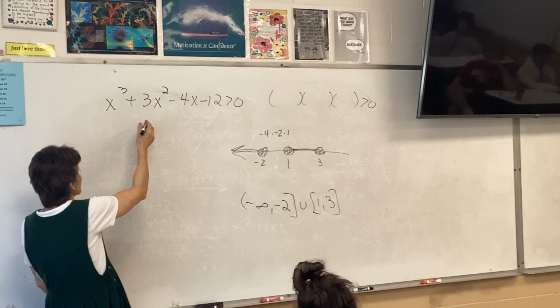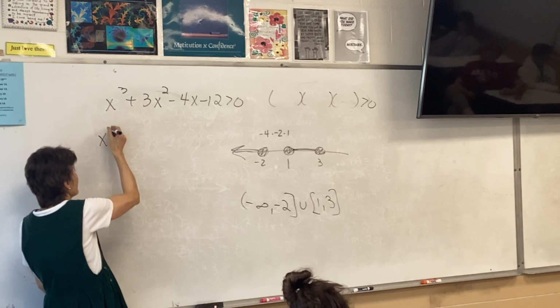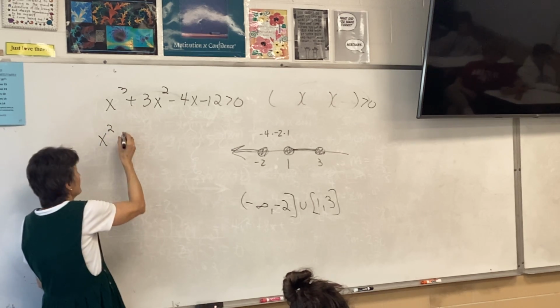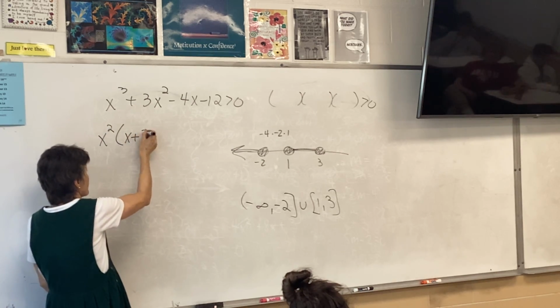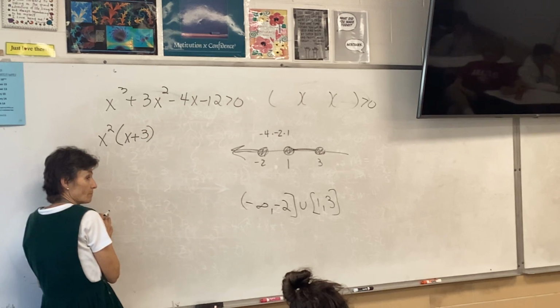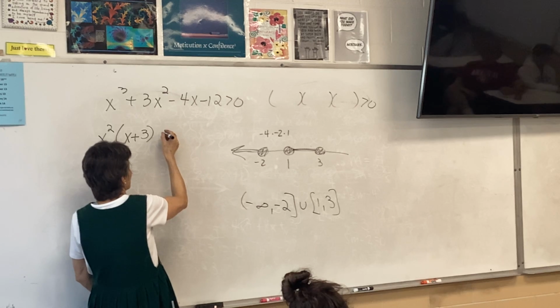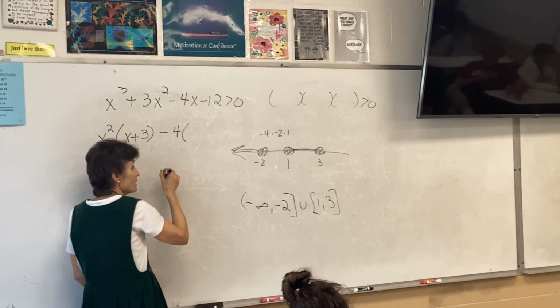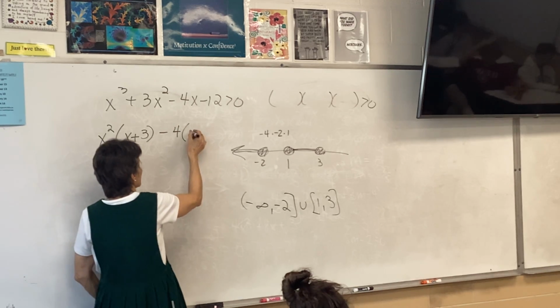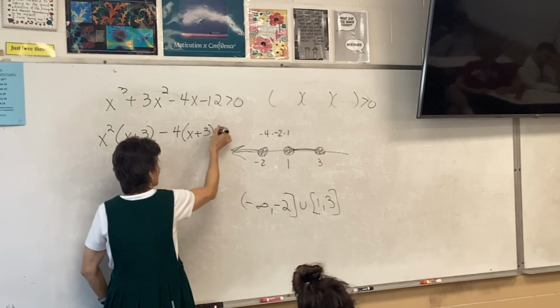Oh, yeah. Because in the first 2, we can take out an x squared, and we will be left with x plus 3. What can we take out in the last 2? Negative 4, and we'll be left with x plus 3.